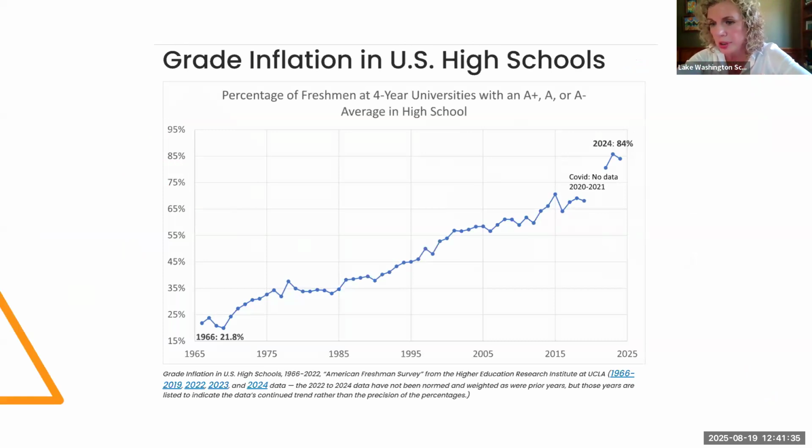In Lake Washington, that would basically be a 4.0, because we don't have A minuses. But as of 2024, it's 84%. 84% of high school students applying to a four-year college have that GPA. So that's why there's more than just grades that go into this whole process.